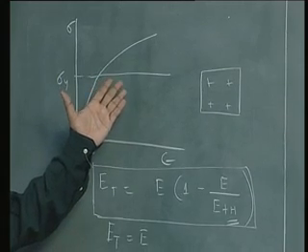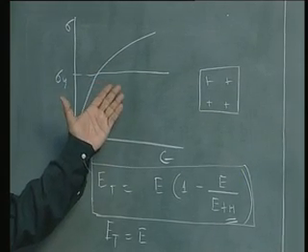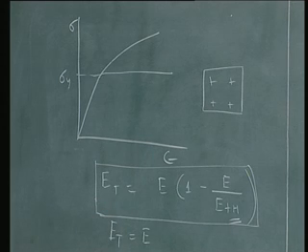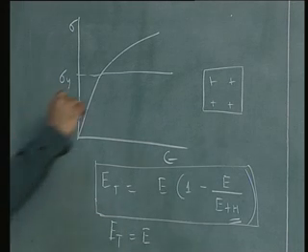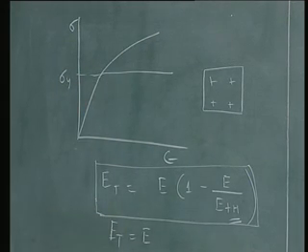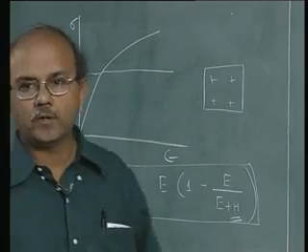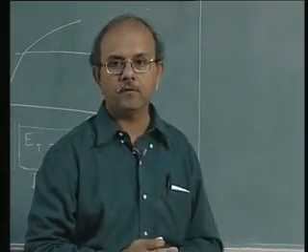So, this is what we call elastic perfectly plastic. You know that this curve is the result of strain hardening, and that this curve neglects strain hardening characteristics. So, we call this perfectly plastic.